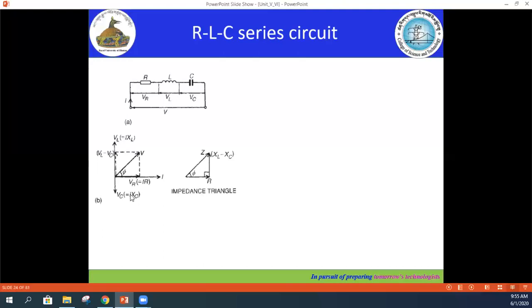If this is positive and this is negative, finding the sum is the same as subtracting, right? So it will be VL minus VC.